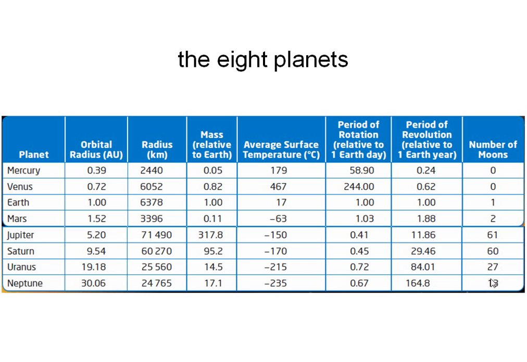Since they have many moons, we can say that they are minor solar systems, right? They are similar to the solar system.